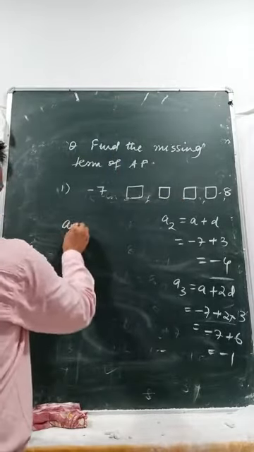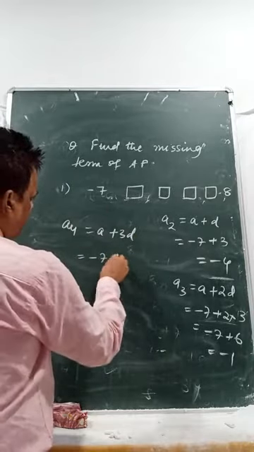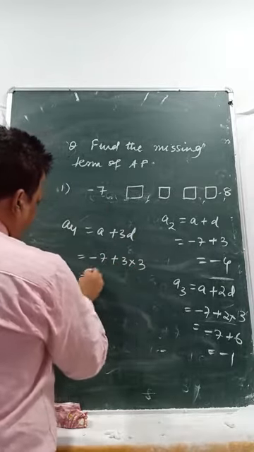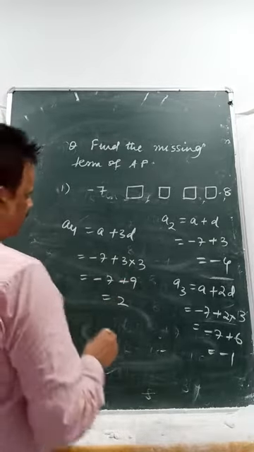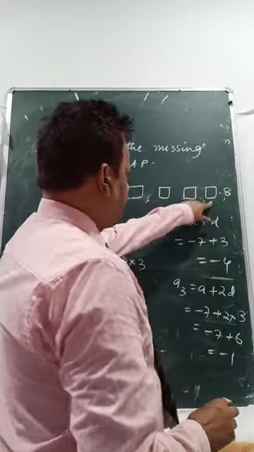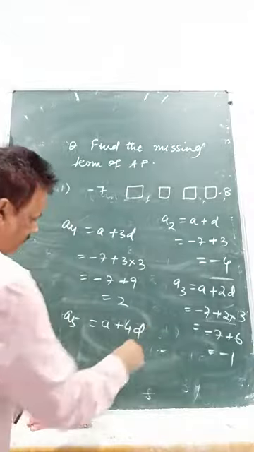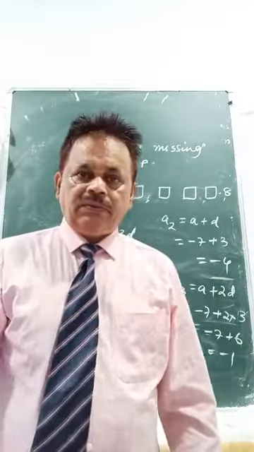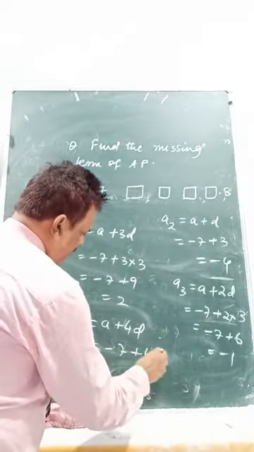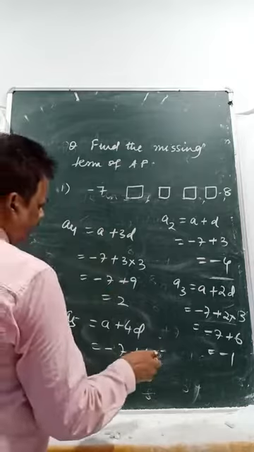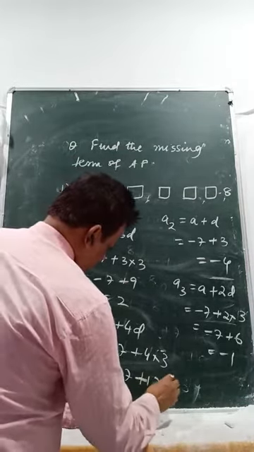A4, A plus 3D, minus 7 plus 3 into 3, minus 7 plus 9, that is 2. Next is fifth, A5, A plus 4D, minus 7 plus 4 into D, D is 3, minus 7 plus 12, that is 5.